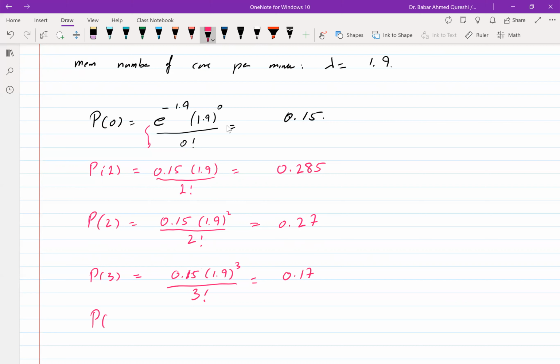And I can find the probability for 4 or more by simply summing them, so it would be simply 1 minus the sum of these, which is 0.125.